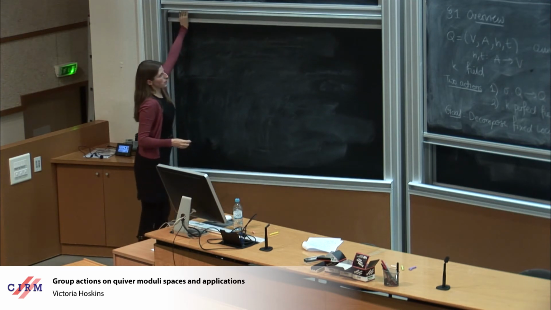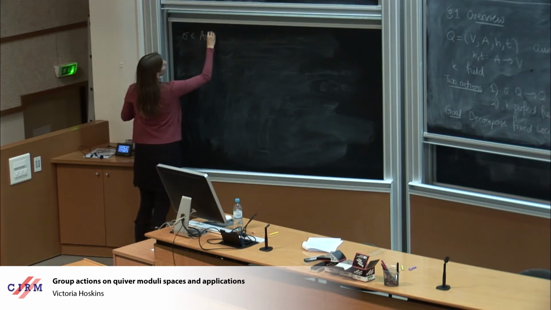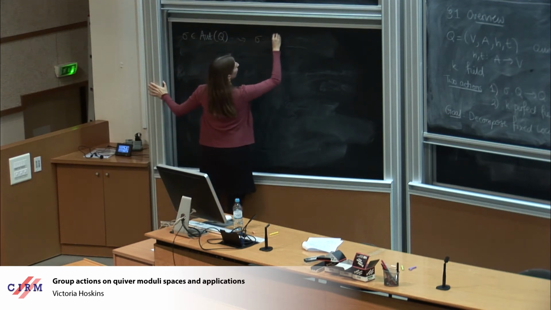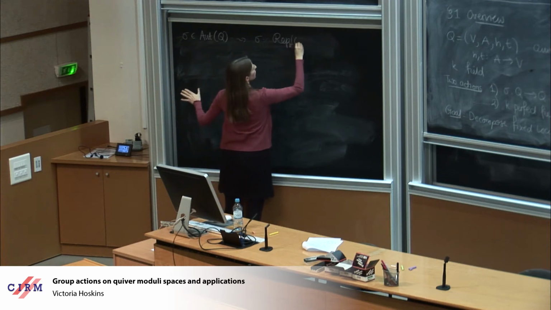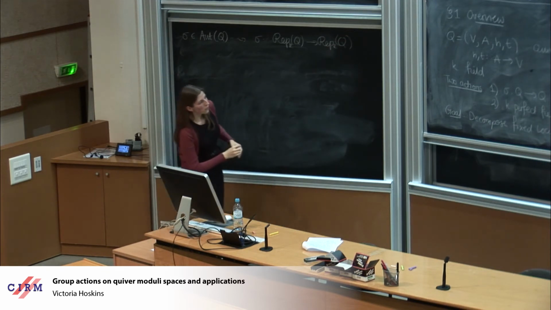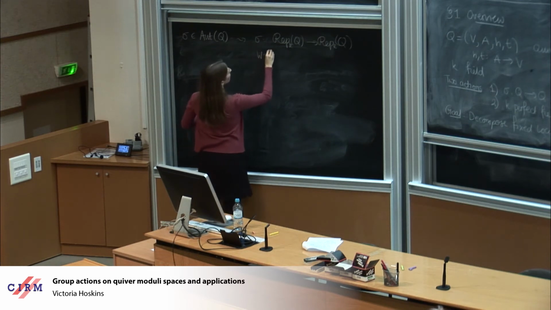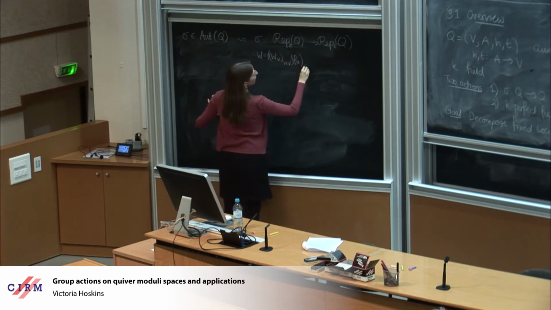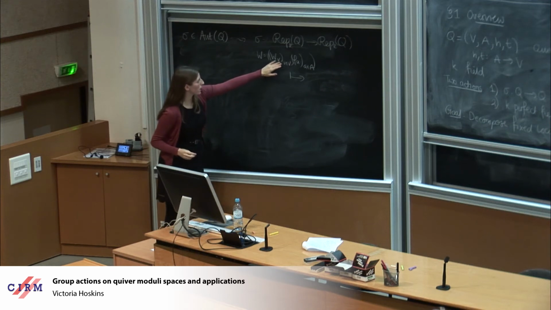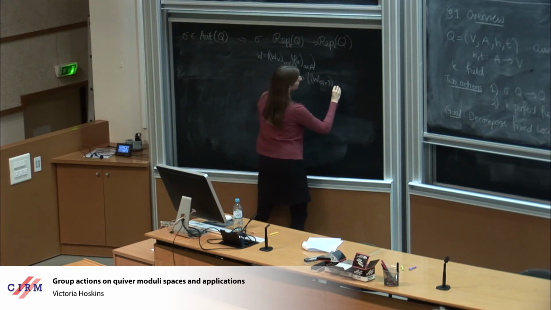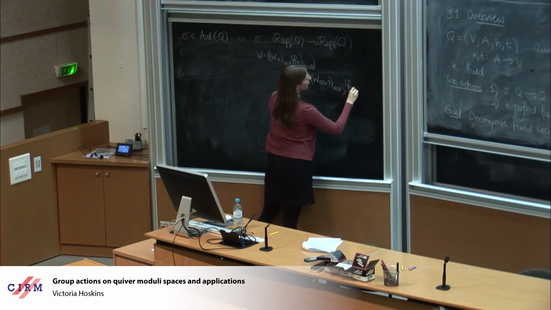Okay, so given such an automorphism sigma, and I'm going to always assume I'm in this covariant case, we get an induced functor on the category of K representations of Q, which, if we have a representation W, sends it to the representation where, over the vertex v, I put the vector space from sigma v, and the same for the arrows.